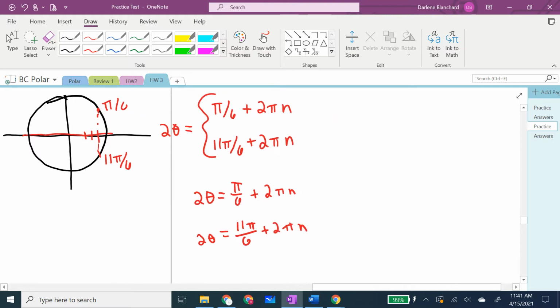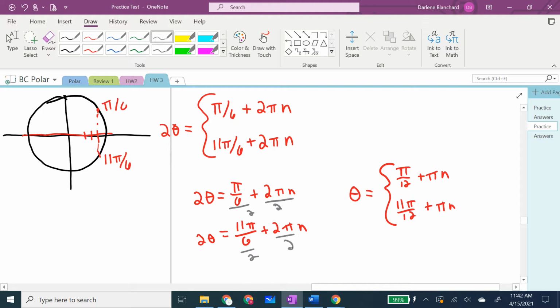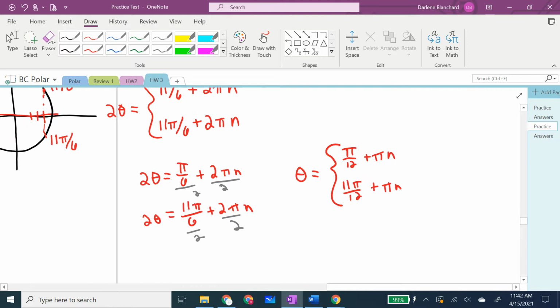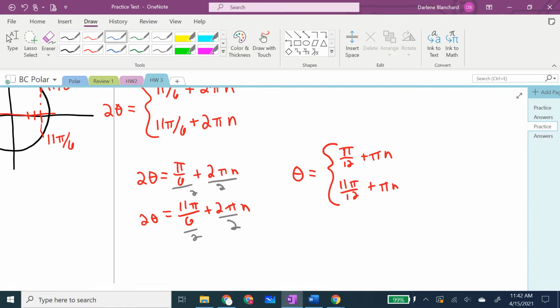Then when I divide by 2, I get a solution of pi over 12 plus pi n and 11 pi over 12 plus pi n, because I'm dividing by 2. That gives me a whole slew of solutions for when n is equal to 0, when n is equal to 1, and however far I want to go.